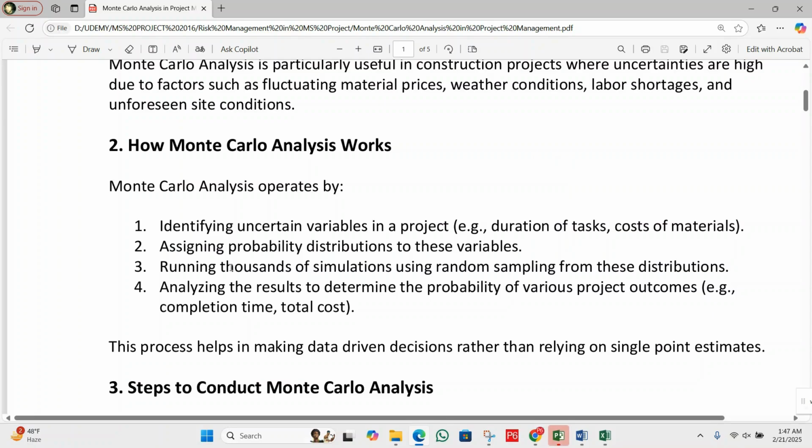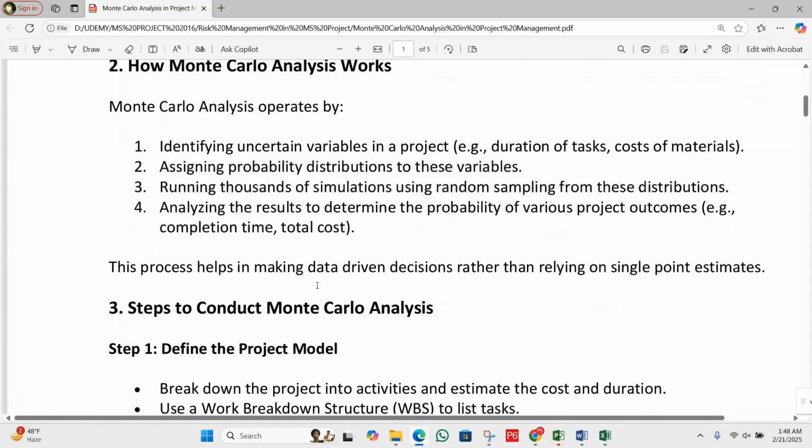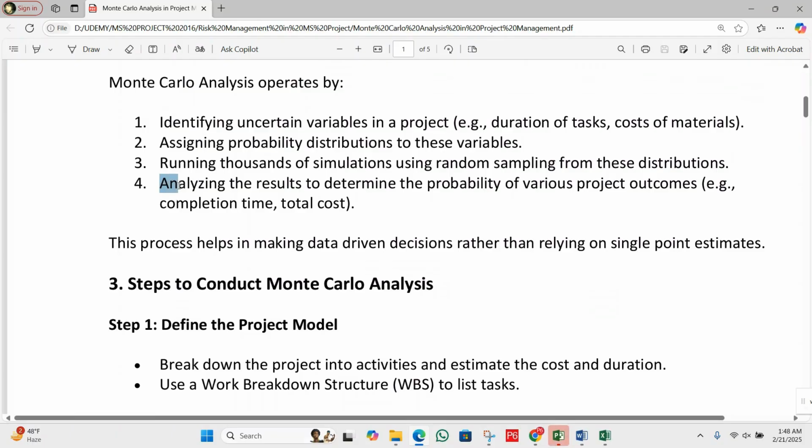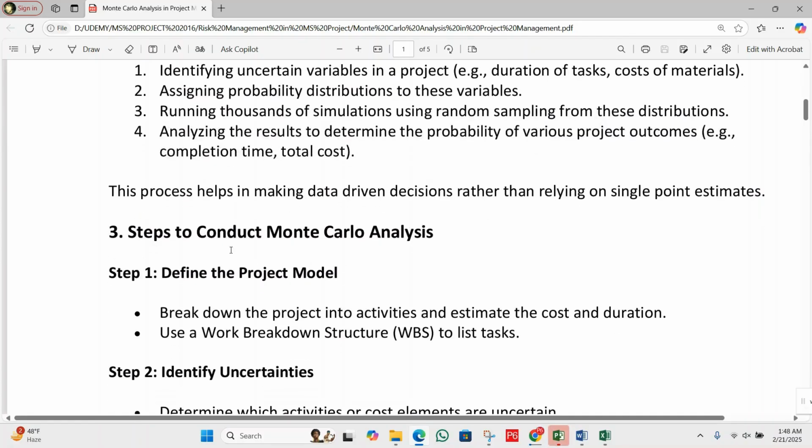Number three, running thousands of simulations using random sampling from these distributions. Number four, analyzing the results to determine the probability of the various project outcomes, for example, completion time and total cost. This process helps in making data-driven decisions rather than relying on single-point estimates.